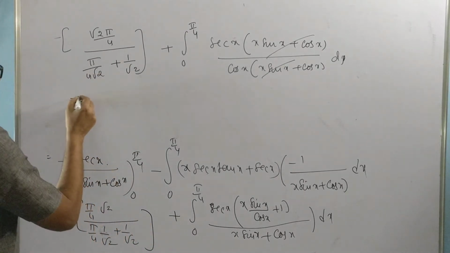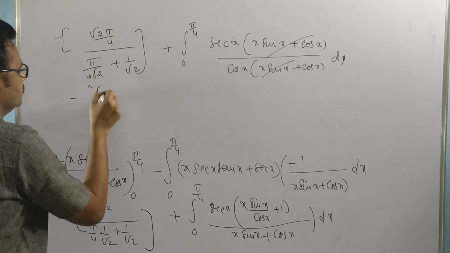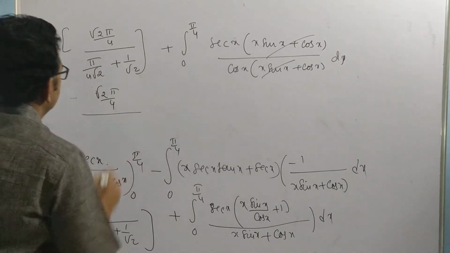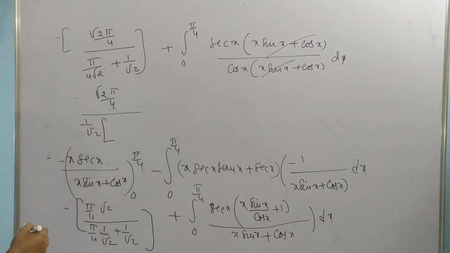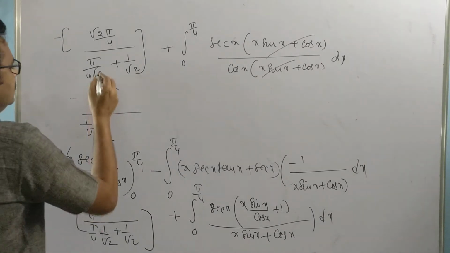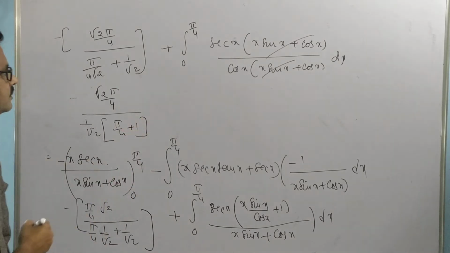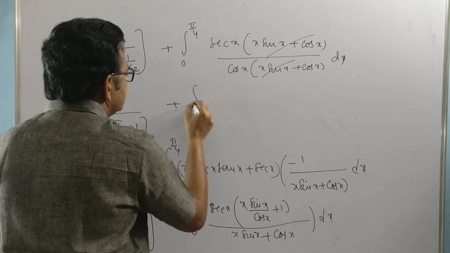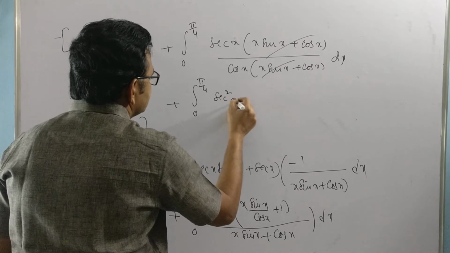Here this is minus of pi by 4 root 2, so 1 by root 2 is taken common. So this is pi by 4 plus 1, and plus integral 0 to pi by 4 secant square x dx.